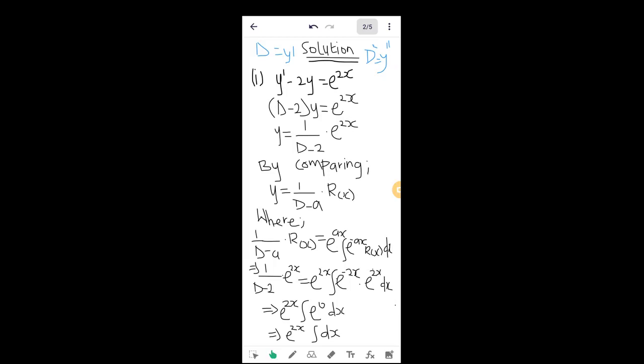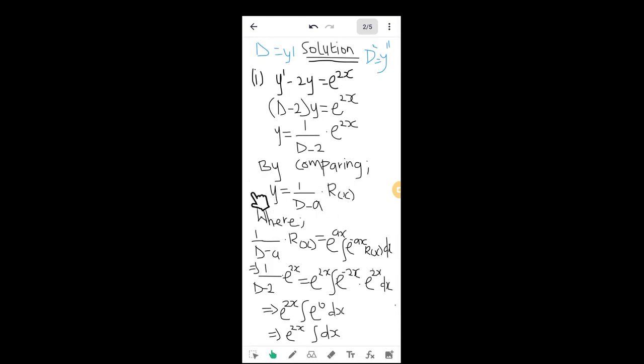So we do a comparison. My comparison is this: y is equal to 1 over D minus a, r of x. From our previous lessons, we derived this equation.